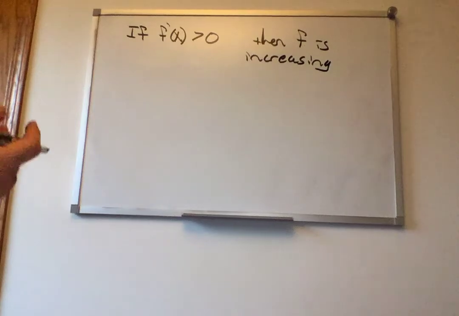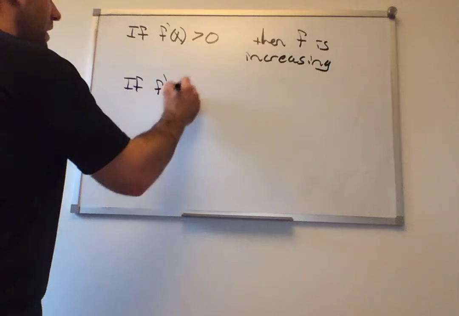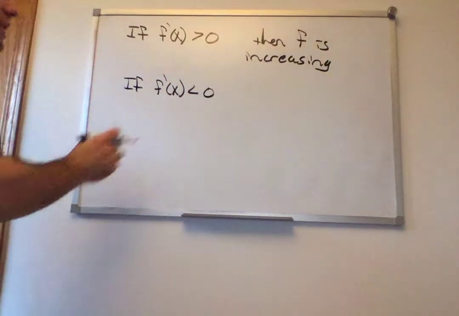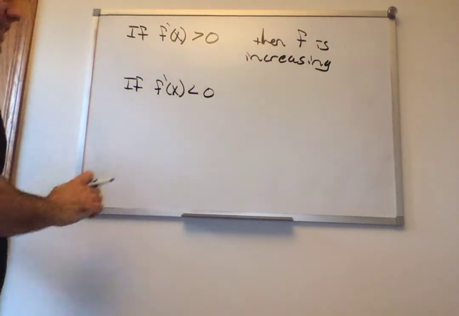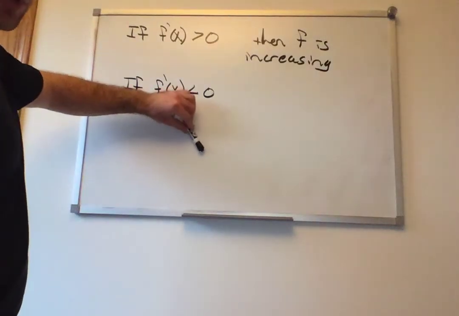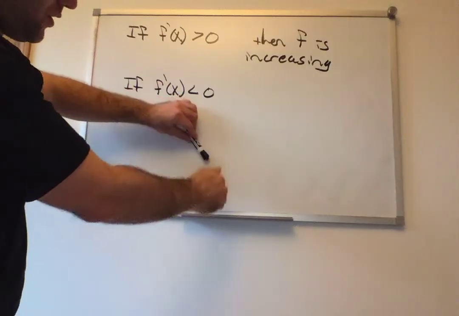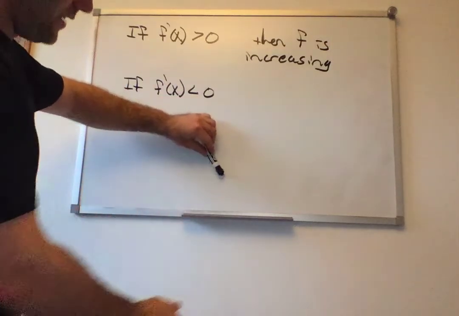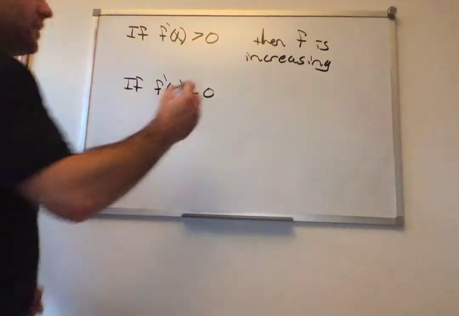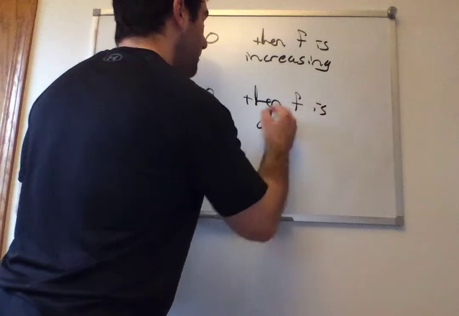And then we have a very analogous statement that says if f prime of x is less than 0, so the slopes are negative here. If we were to draw tangents, they're sloping downwards, okay? So you move along the graph, you're always going to be going into the negative direction. You're decreasing. So then f is decreasing.